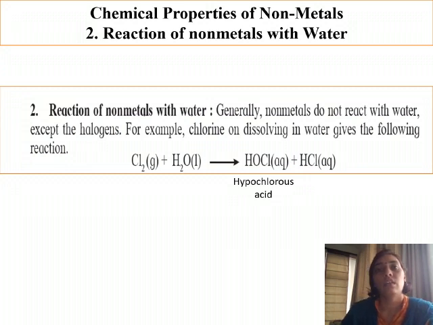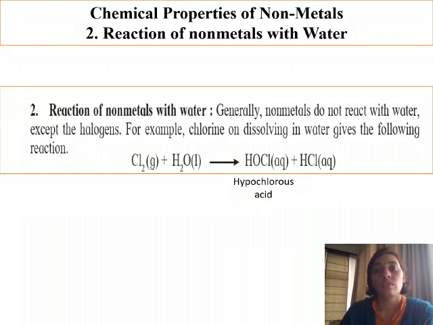Similarly, oxides of metals are basic in nature and they react with water to give rise to hydroxides. Like magnesium oxide combines with water to give magnesium hydroxide. Calcium oxide reacts with water to form calcium hydroxide, and so on.